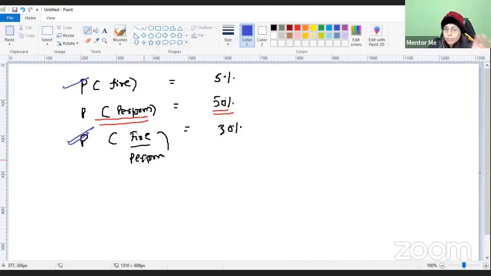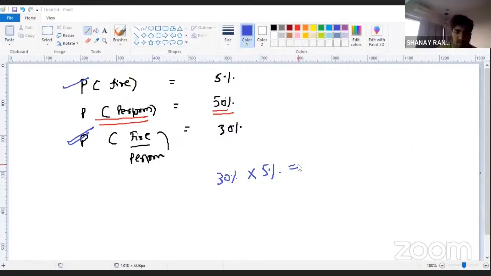So इन दोनों की अगर combined probability निकालनी है, तो that would be equivalent to 30% into 5%, right? So 30% का 5% कितना हो जाएगा? If you calculate it, Ma'am, I didn't understand. ये 30 into 5 by 2. That is just the joint probability of a person getting fired and performing.